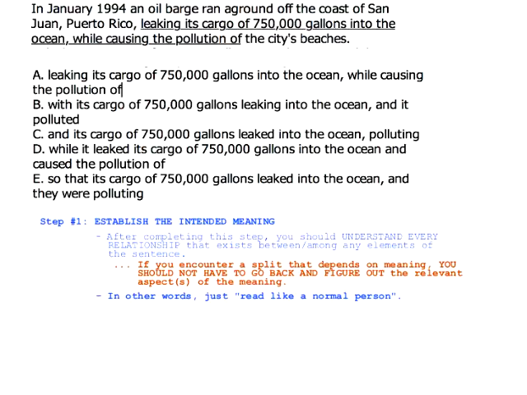So let's take a look at these three actions in the sentence. You have the ship ran aground, it leaked a bunch of oil and caused pollution. Are those three separate things?